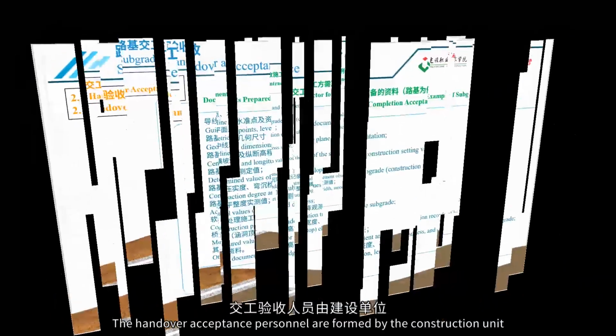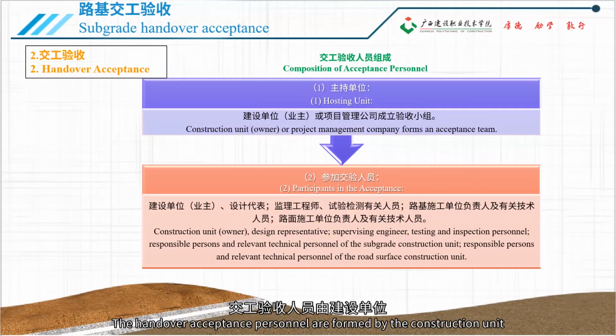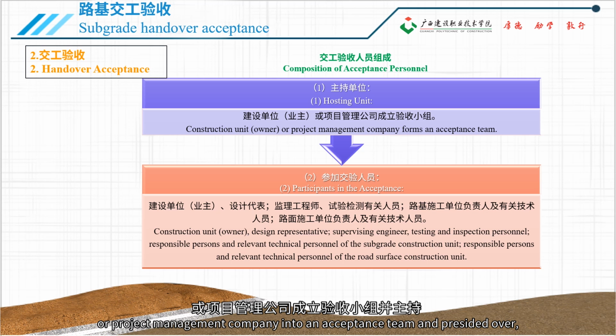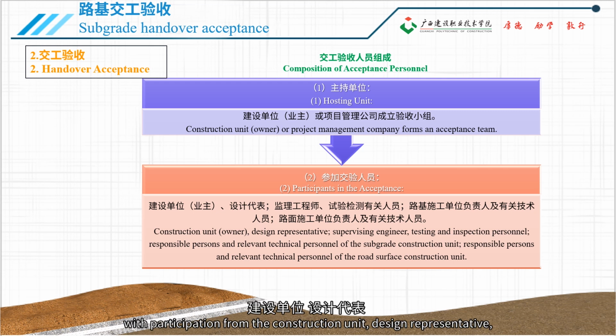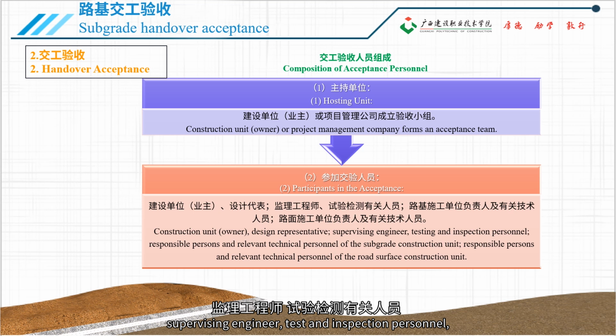The handover acceptance personnel are formed by the construction unit or project management company into an acceptance team and presided over, with participation from the construction unit, design representative, supervising engineer, test and inspection personnel, heads of the subgrade and pavement construction unit, and relevant technical personnel.